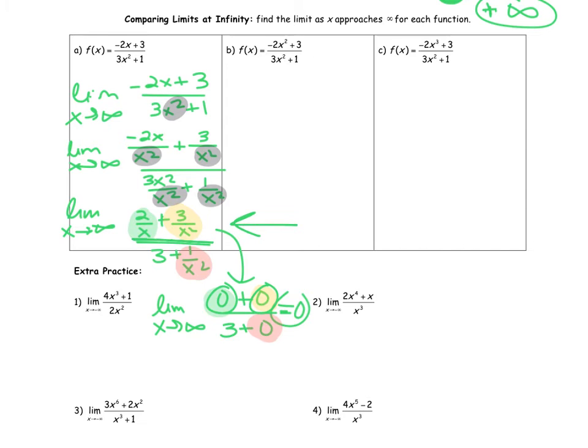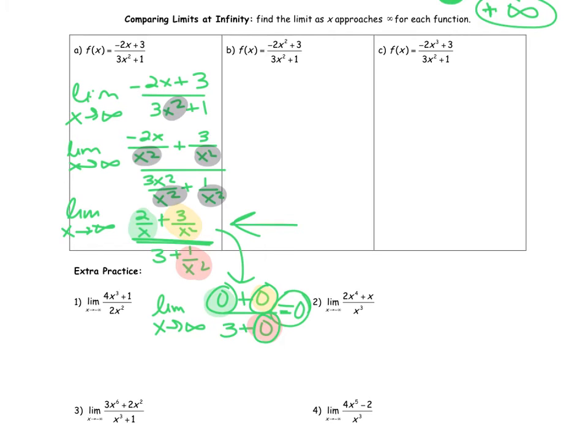And I have in the denominator 3 plus 1 over x squared. And 1 over infinity squared is also 0. So I have 0 plus 0 over 3 plus 0, which is just 0. Which you would have known already based on our rules of those horizontal asymptotes when we talk about end behavior. Because this is bottom heavy, you know that there's going to be a horizontal asymptote at 0.